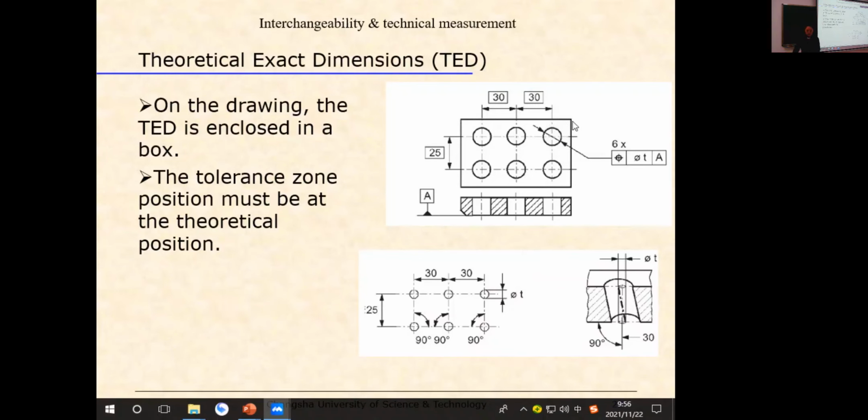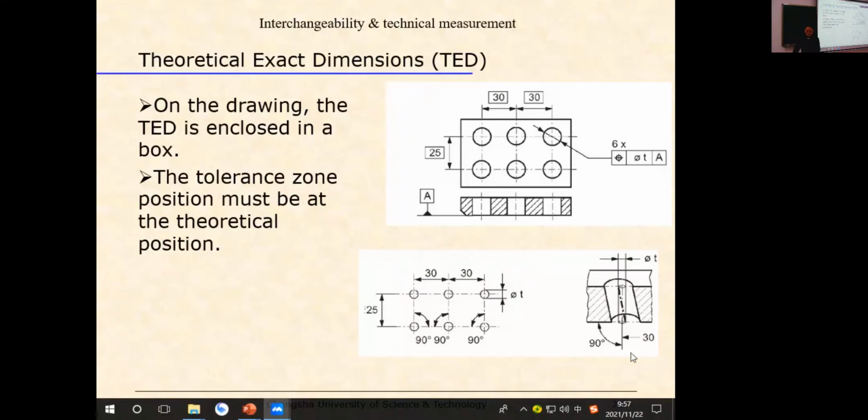And also it has this dimension, and it can determine this position. That position is A. A is here, this is a surface. So its axis is perpendicular to this surface, right?